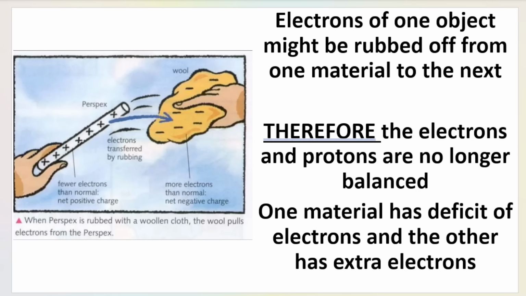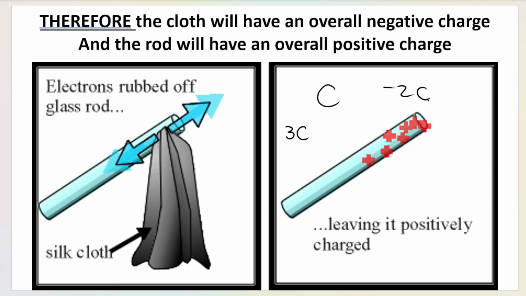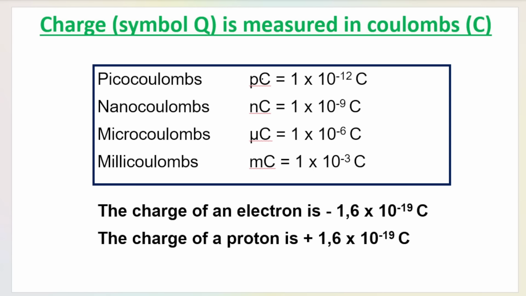Okay, here's another example. Now remember I told you that charge is measured in coulombs. Remember we said coulombs is C. So for example, you can be 3 coulombs or -2 coulombs. But they might give you the measurement for charge in different units, such as picocoulombs. These are tiny little units of measurement. It's kind of like instead of saying meters, we have millimeters. And you know, millimeters are much smaller than meters. It's the same thing. So millicoulombs, microcoulombs, nanocoulombs, picocoulombs.